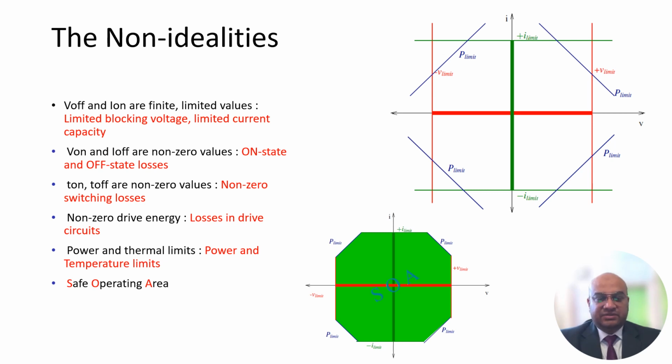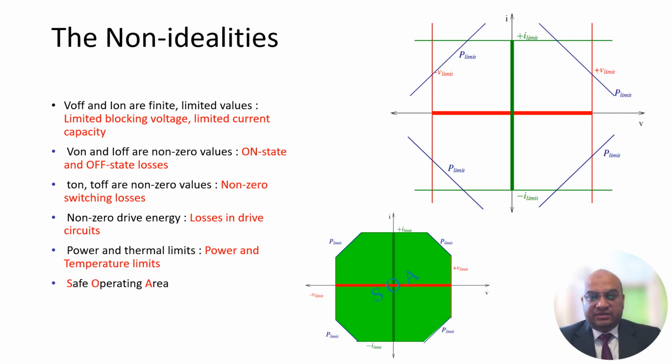When we discuss the non-ideality of switches, the on-state current and off-state voltage that we saw earlier are not infinite. They have finite, limited values, which are termed the blocking voltage and the limited current capacity. These red lines, plus V limit and minus V limit, show the positive and negative limits of voltage that can be blocked and passed across the switch.